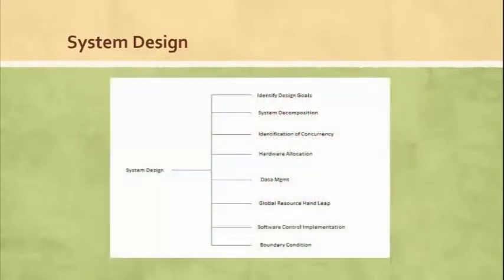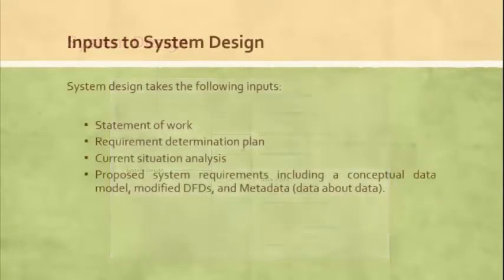So these are the various elements of the system design. So we have identified design goals, system decomposition, identification of concurrency, hardware allocation, data management, global resource handling, software control implementation, and boundary condition.